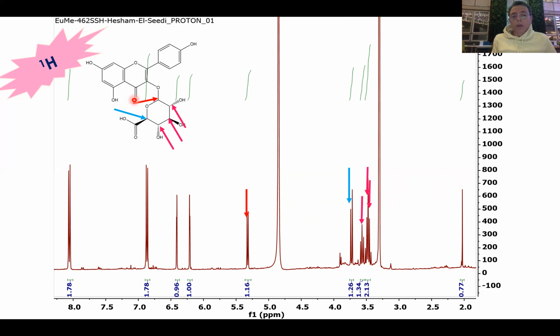And then the anomeric proton, very important to assign this, which is at 5.2, right? Then comes proton 6, which is very much de-shielded between 2 hydroxy groups, right? Then comes the other proton, then also 2 hydroxy groups, right? And finally, meta to the hydroxy group.